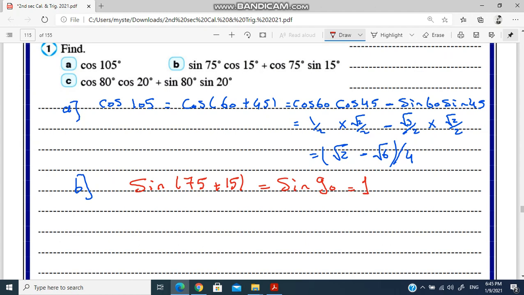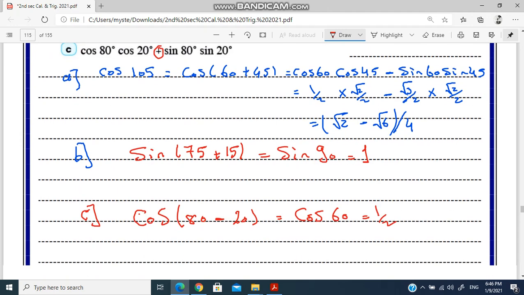Sine 90 equals 1. The third one, cosine cosine plus sine sine. Cosine cosine sine sine, this is cosine of 80 and 20. The opposite to the sign is positive, so the opposite will be negative. So it will be cosine 60, which equals 1 over 2.